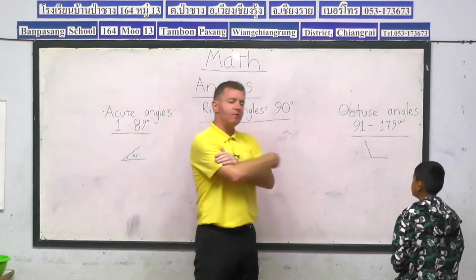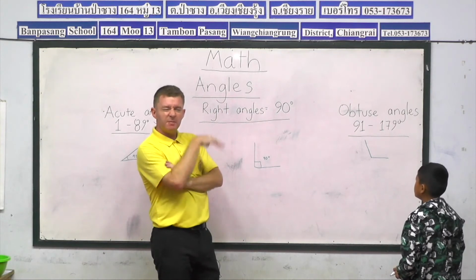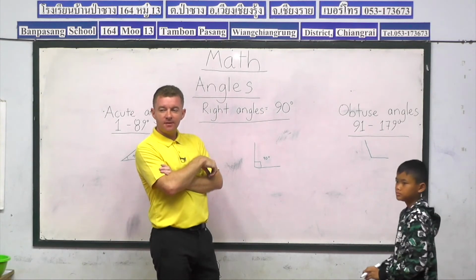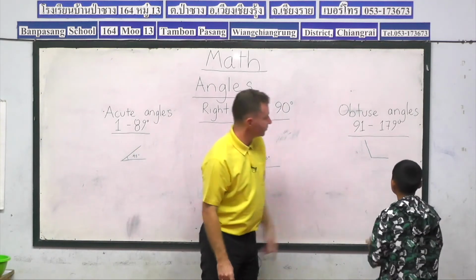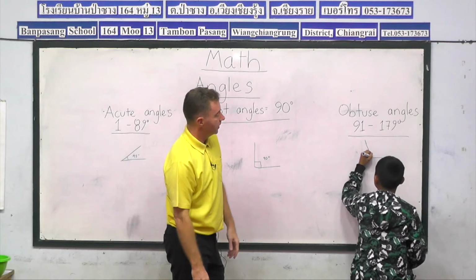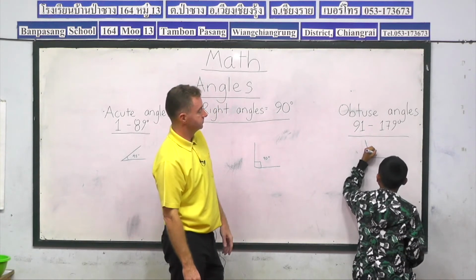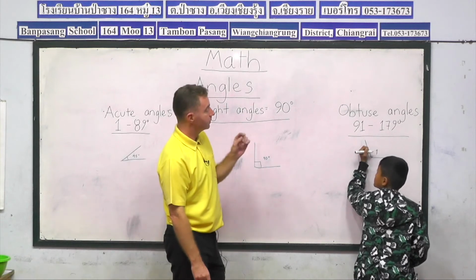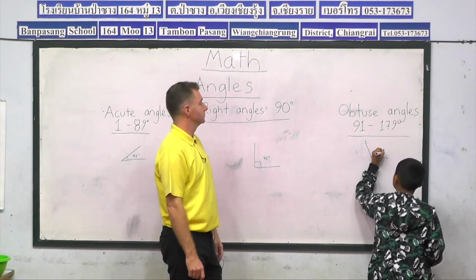But how many degrees do we think Chu's angle is? Maybe a little less than 113. Okay, so draw your square here for your angle, Chu. And then 113. 1, 1, 3. Excellent.